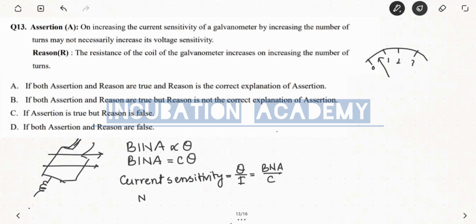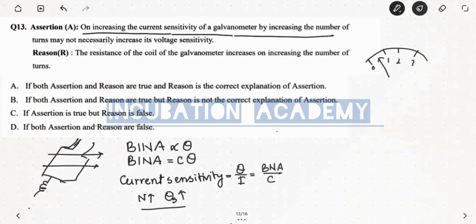If you increase the number of turns, then the current sensitivity, denoted theta S, which is theta by I, will increase. So it is said that the current sensitivity of a galvanometer increases by increasing the number of turns. Up to this, the statement is correct. It may not necessarily increase the voltage sensitivity.